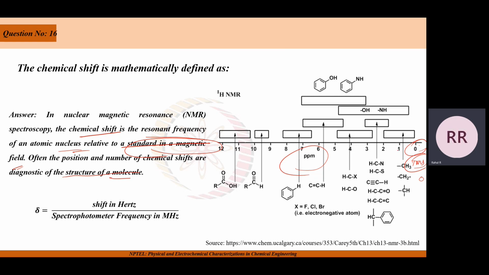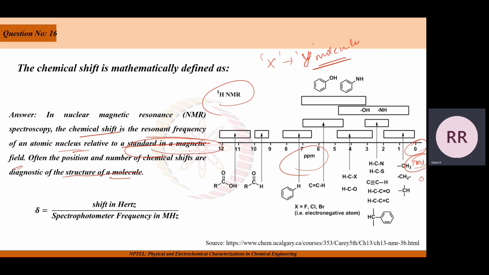Then we consider the shift of the other compounds, and there is a well-prepared chart which we can use. This is for H1 hydrogen NMR. Once we have this chart, we can compare the shift we obtain. If we get a particular shift, say X, then we can say that this shift corresponds to this particular molecule Y, or to some attachments present in the molecule.